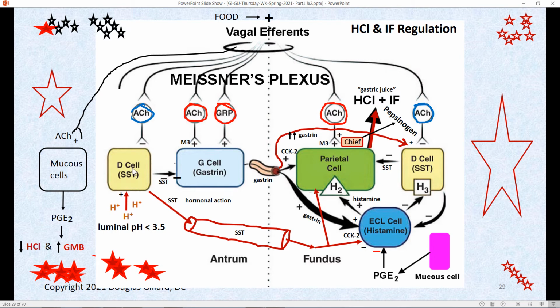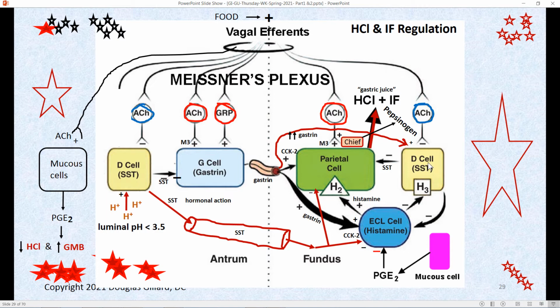Because when the D cell's turned on, by really low pH, it releases somatostatin, and that will shut down the production of gastrin. But ACh can override that. Okay, same over here. ACh can bind to D cells and shut off the release of somatostatin. And somatostatin can directly bind to parietal cells from these D cells here in the fundic region.